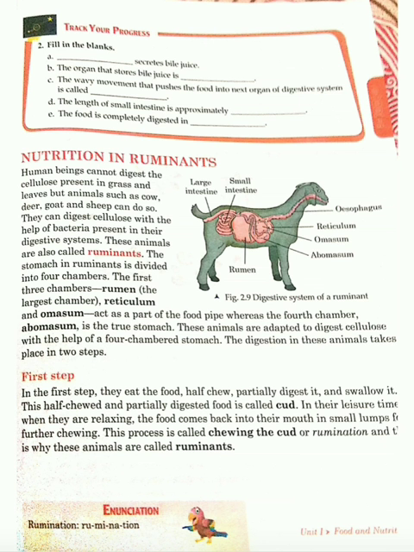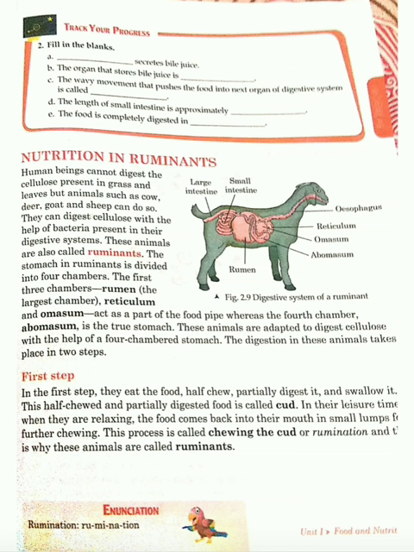Okay, peristaltic movement. Then the length of our small intestine. I have told you that the small intestine is the longest part of our digestive system and its length is 6 meters.